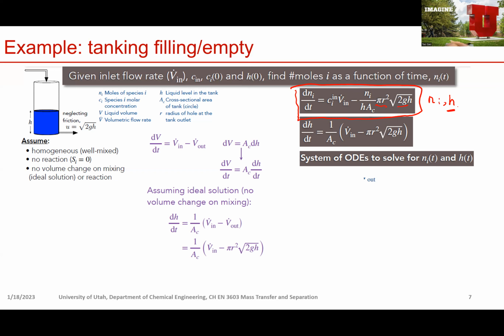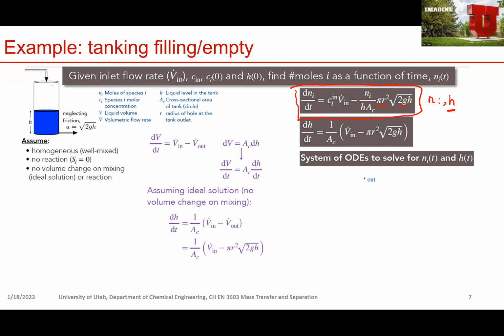H is the height of the liquid, and it has to do with the volume change. The inlet flow rate is not necessarily the same as the outlet flow rate, so it's subject to change.